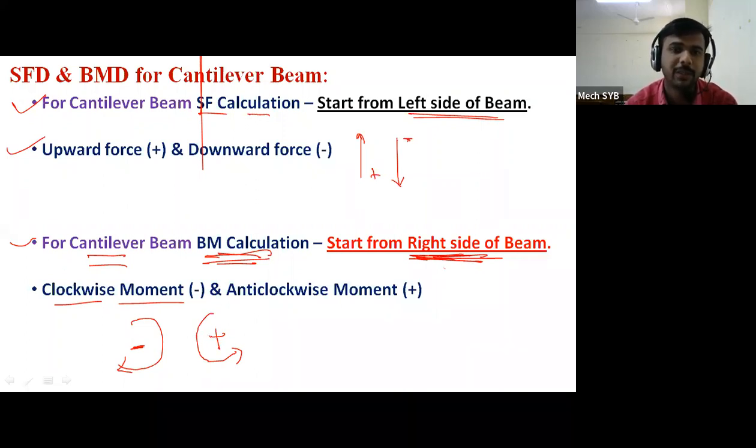Only this much difference is there in the cantilever beam for the BM calculation.